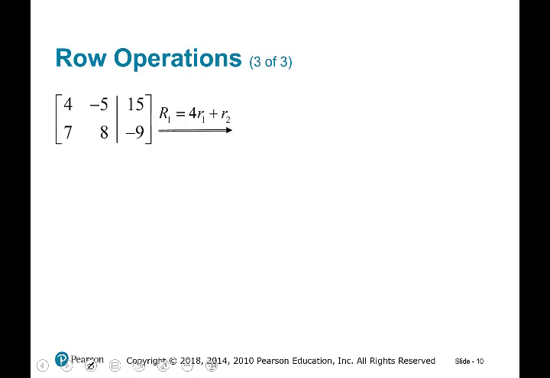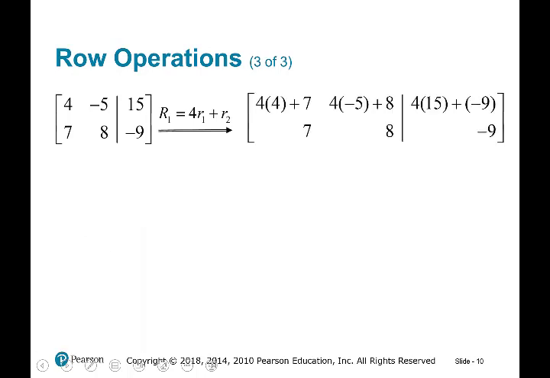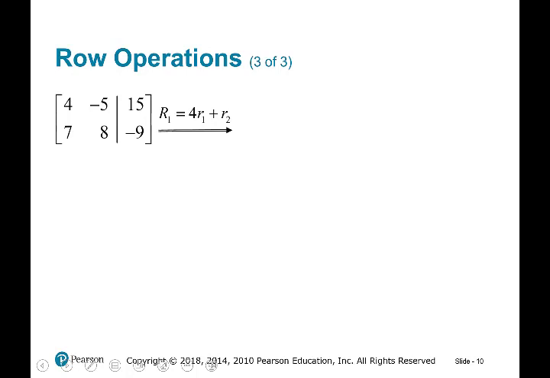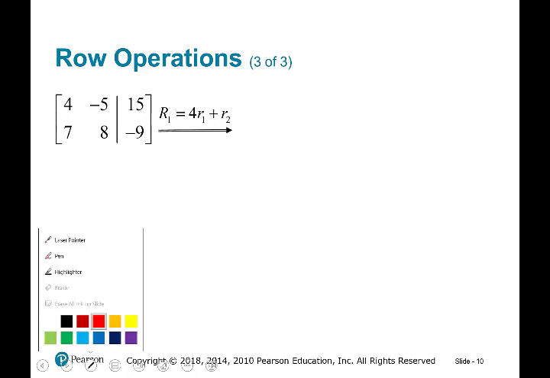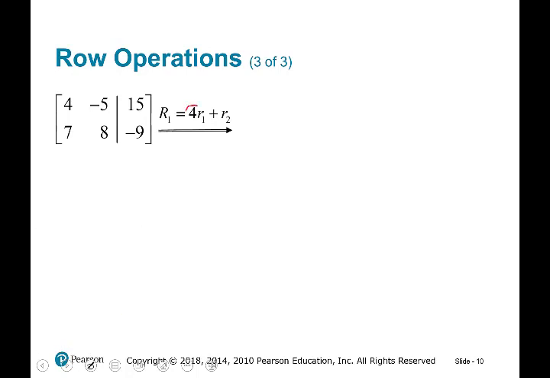Here we have some manipulation. Here we multiply 4 times row 1, let me get my pen, 4 times row 1, and we add row number 2, and we get a new row 1. This is important, which row are we going to change?